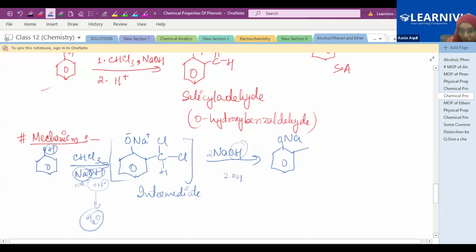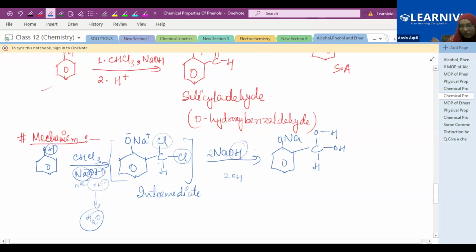From here, 2 sodium and 2 Cl will combine and form 2 NaCl. The 2 OH attach on this carbon, OH and again OH, and this hydrogen stays as it is.